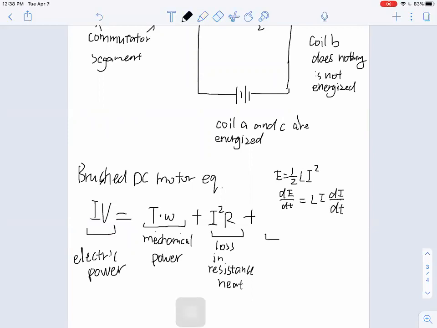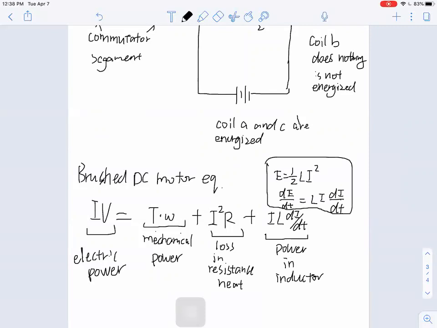So the last term here is the power inside of the inductor. That is I L dI/dt. Do we have other power terms inside of this equation? Yes, we do.